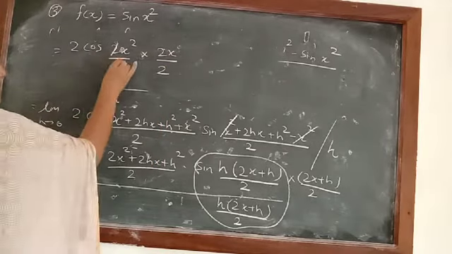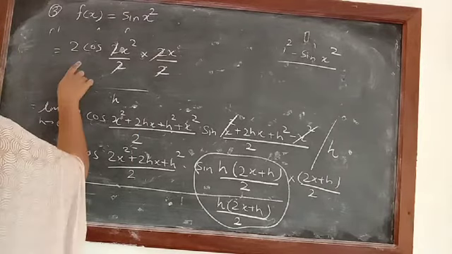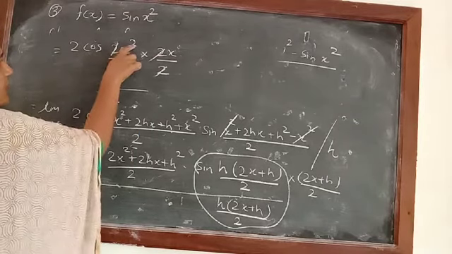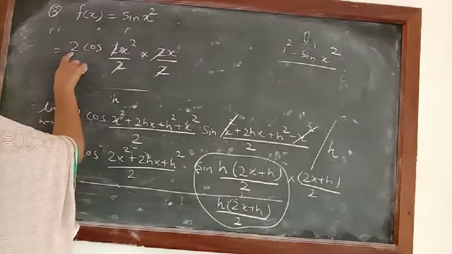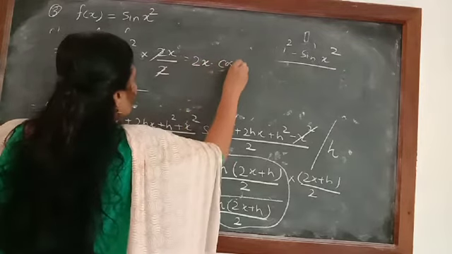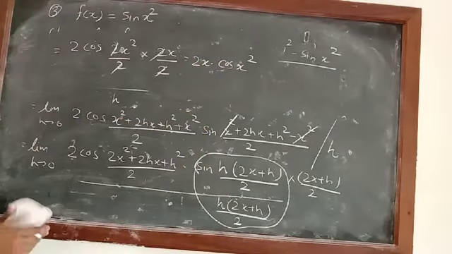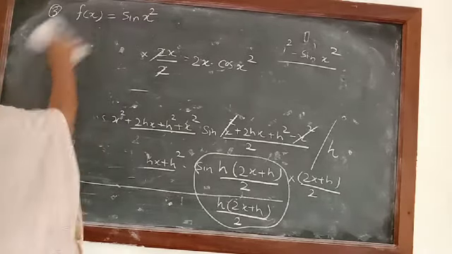So now here 2 and 2 will get cancelled, here also 2 and 2 will get cancelled. So what is remaining here? Cos x square. 2 cos x square into x. So that x we can multiply here by 2. So answer will be equal to 2x into cos x square. So I hope this question is clear. Okay. Now we can check the next question.